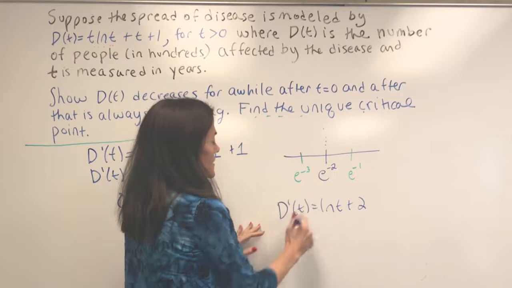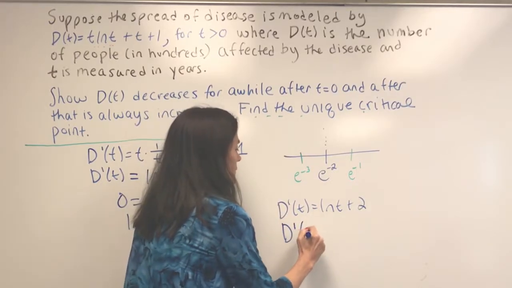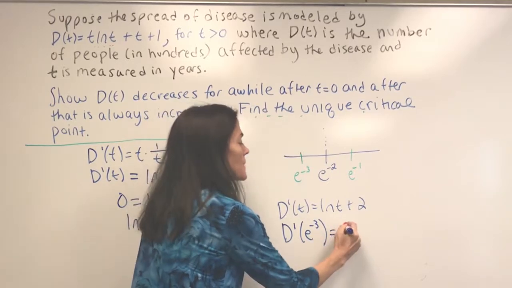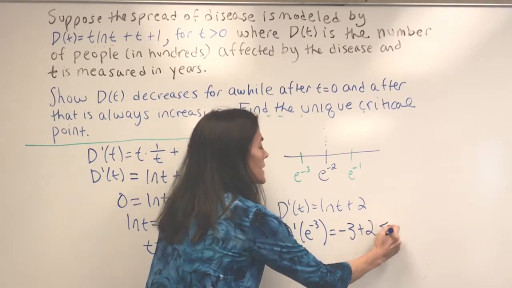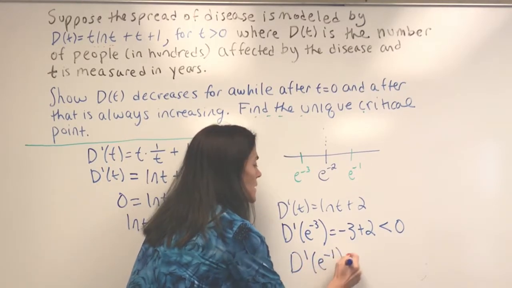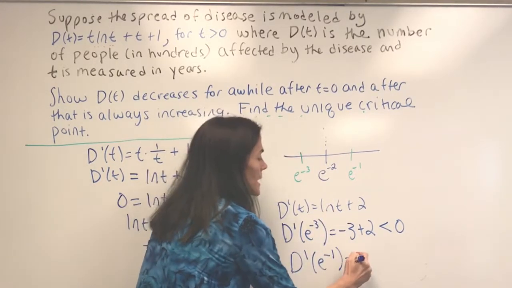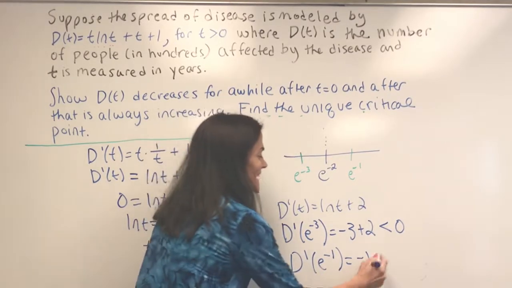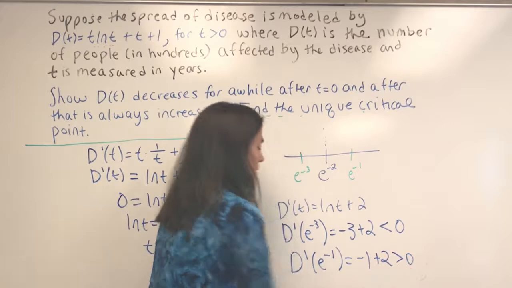So if I take d prime of e to the minus 3, this is just ln of e to the minus 3, we get negative. And then d prime of e to the minus 1, this is ln of e to the minus 1, which is negative 1, and then this is positive.